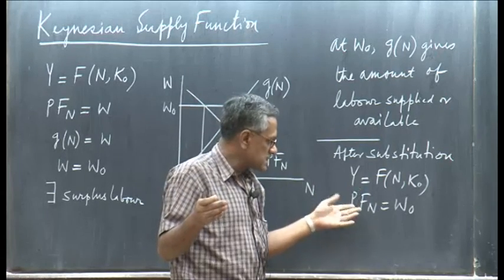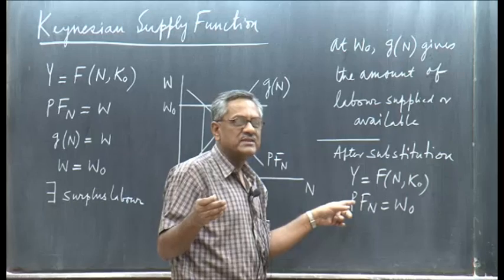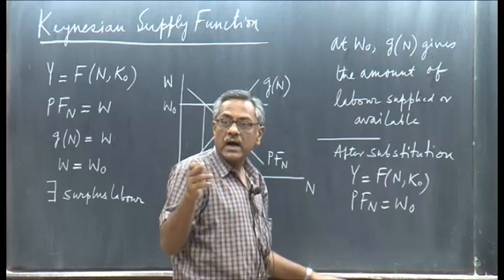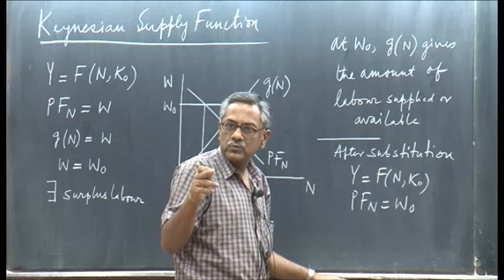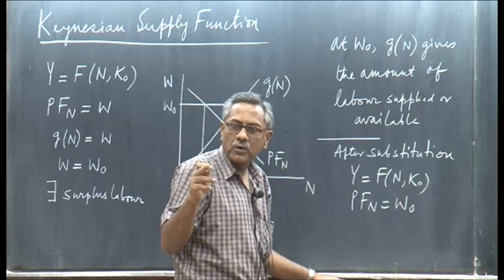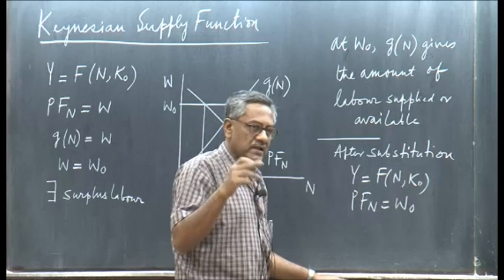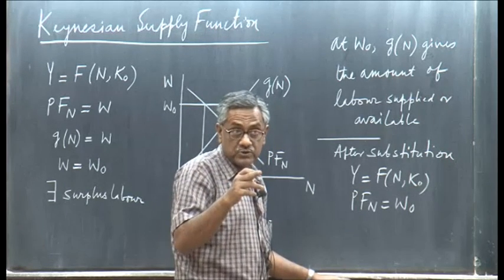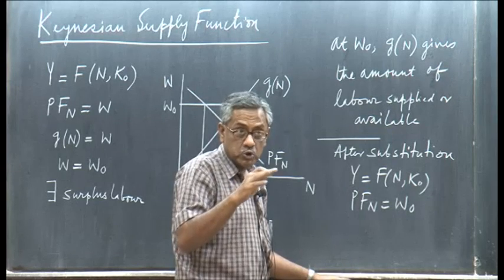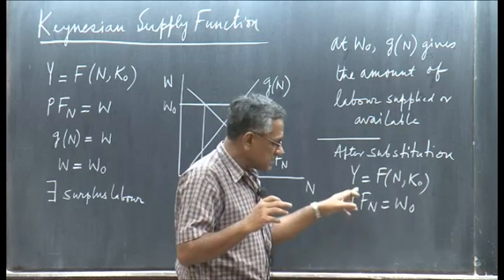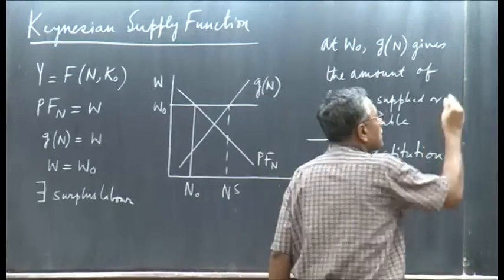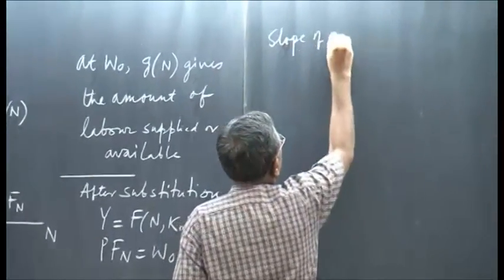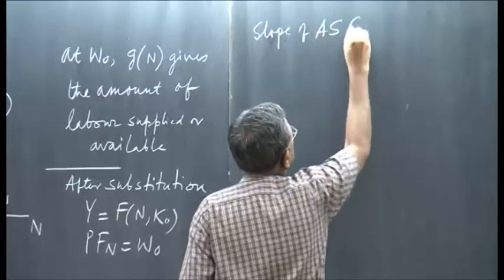All we can do is differentiate and get the slope of the supply function, which we did with the IS function and LM function, without specifying a functional form, and then the aggregate demand function. So, let us check the slope of the aggregate supply function.